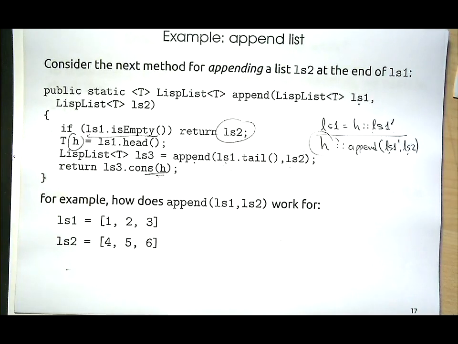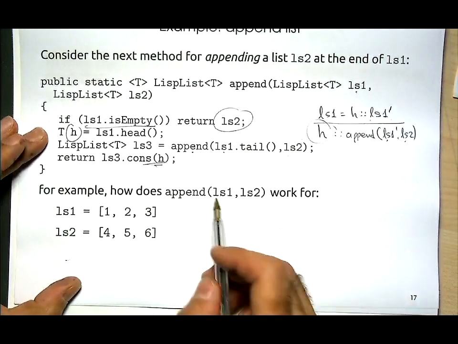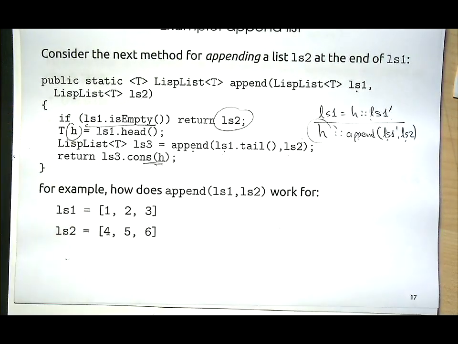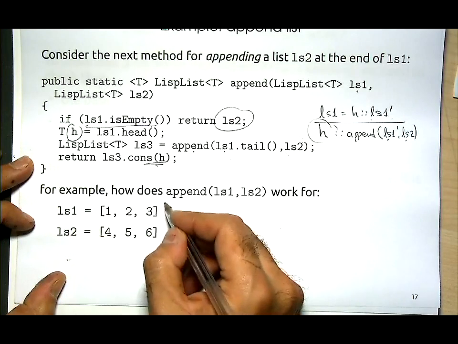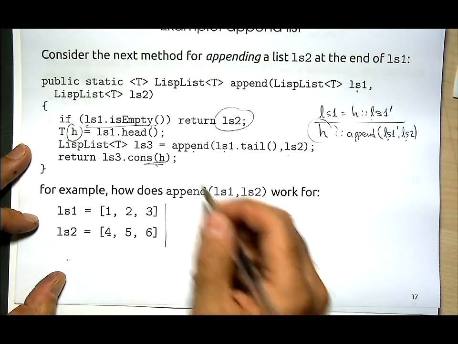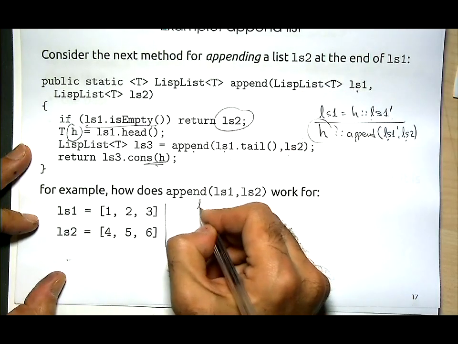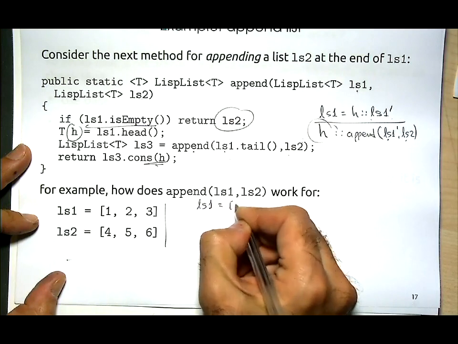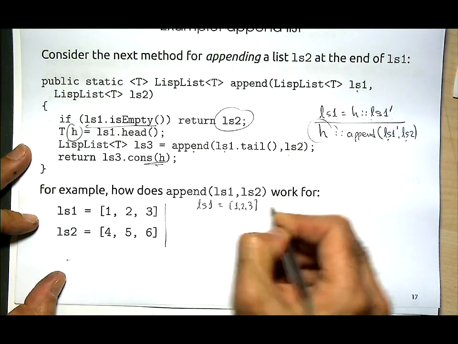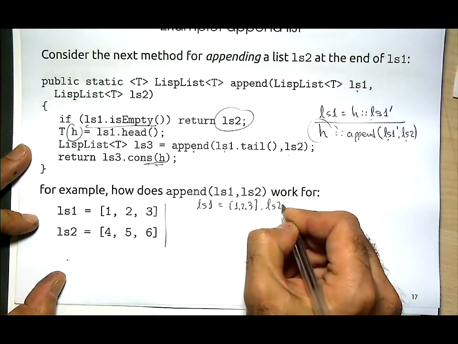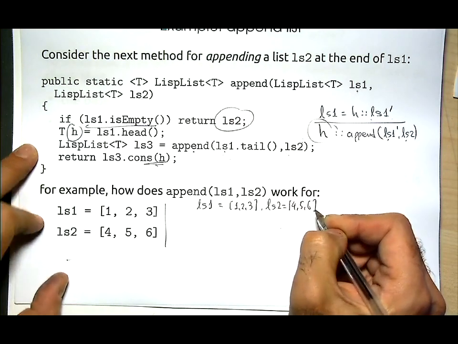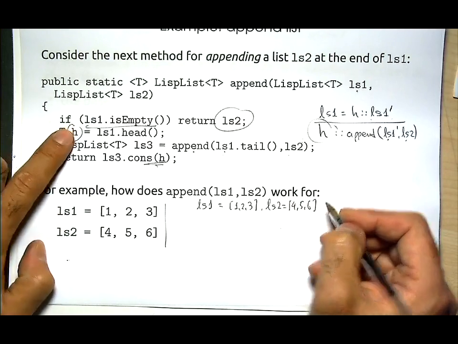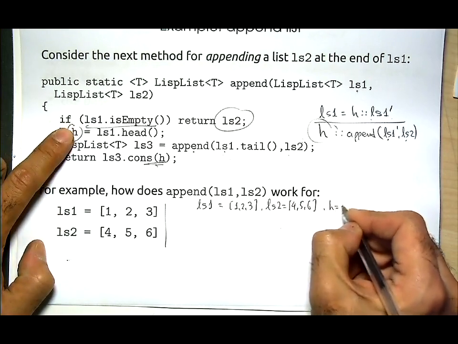Actually, we can see this through an example. I want to do append ls1, ls2, where these are the two lists. The first time I call this, I have ls1 equal 1, 2, 3, and ls2 equal 4, 5, 6. The head is the head of ls1, so h equals 1.